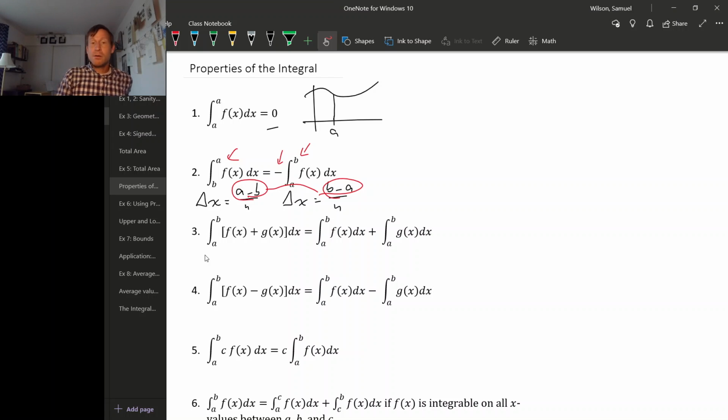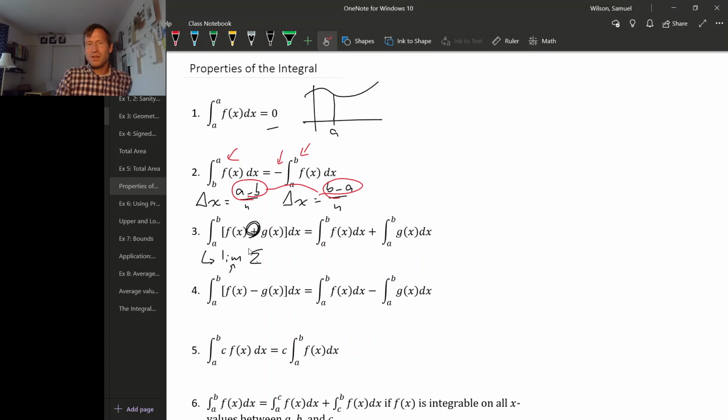All right, number 3 here, the integral of a sum is the sum of the integrals of the original two functions. This should be plausible because, after all, an integral is built out of a limit of a sum. But sigmas distribute over sums, and limits also distribute over sums.